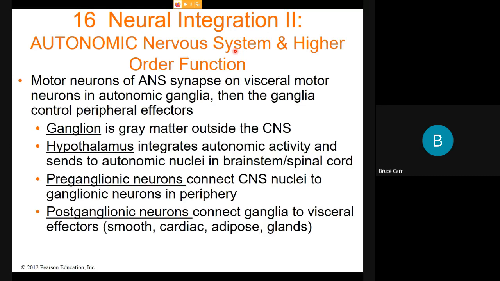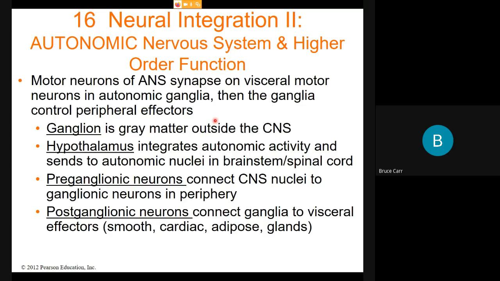What we call higher order function, those things that we notice on a whole organism level: the ability to coordinate the body, the ability to learn easily, a good memory, personality, our sense of identity and the continuity of that. We don't have to relearn who we are every day. We know because we're constantly reminded of it. So that's what we're going to cover in neural integration 2.